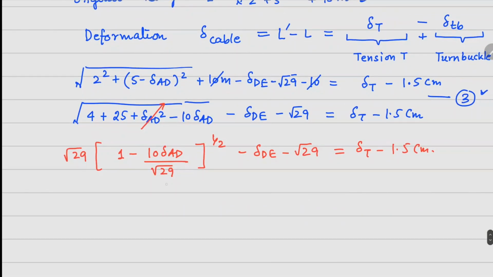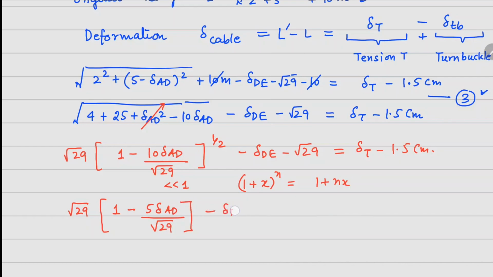So at this step, assuming that this number is much smaller than 1, we can use that formula which says (1 plus x) to the power n is equal to 1 plus nx when x is much smaller than 1, so that we can get square root of 29, and 1 minus half times 10, that will give you 5 delta AD over square root of 29, minus delta DE minus square root 29 equals delta T minus 1.5 centimeters.